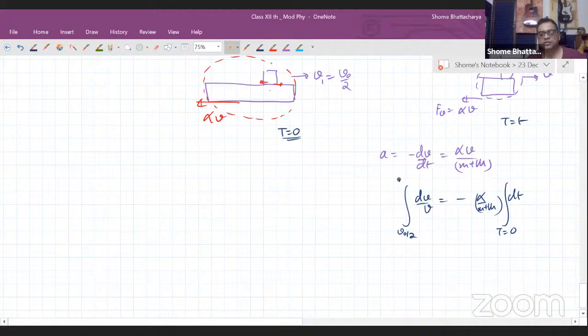And this is becoming some V at capital T equal to some time t.